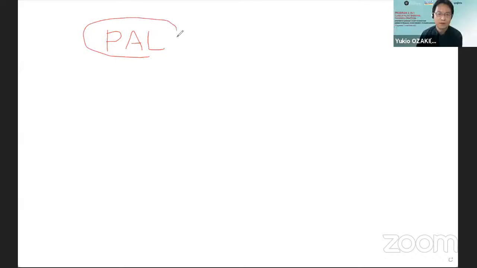Do you see the whiteboard? Yes, we see the whiteboard. This is phenylalanine, one kind of amino acid.